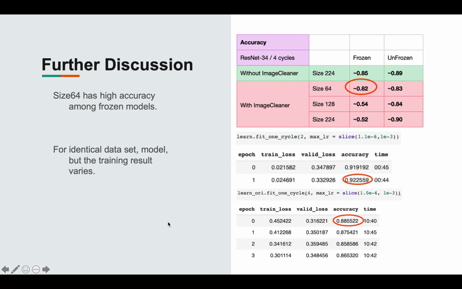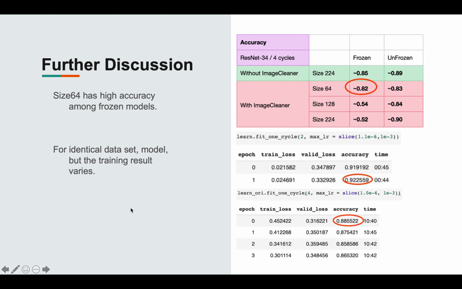So even though I set the random number seed, the result still varies. It gives me the feeling that each time you do the experiment, the performance is not that stable.